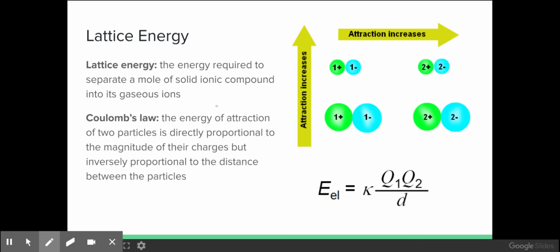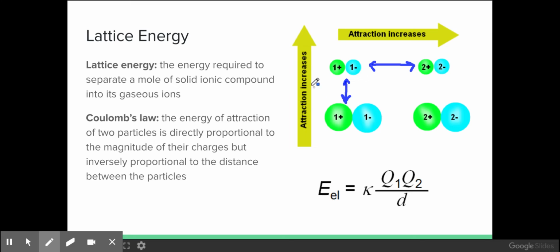Coulomb's law comes back into the picture because if we're dealing with different sized ions or different charges, those two things are going to affect the strength of attraction between ions.